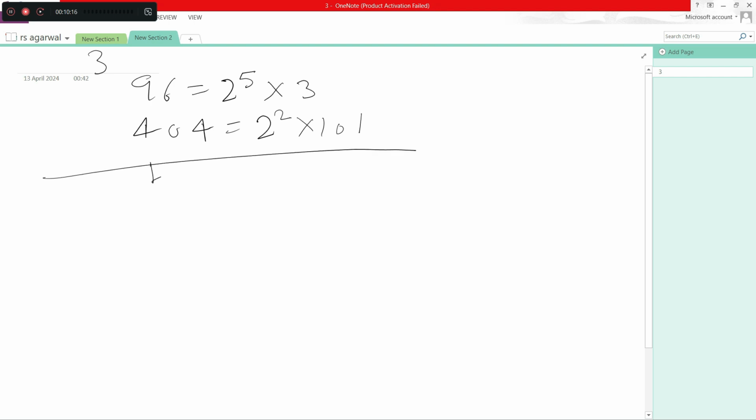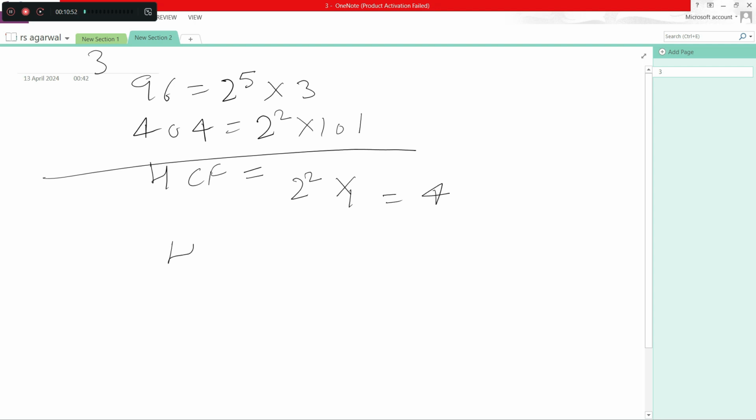So for HCF, as I said, for any prime number we have to take the lower power. In this case 96 is 2 to the power 5 into 3, and 404 is 2 square into 101. So we'll take the 2 square. After that, since 3 has exponent 1 in one number and 101 has no common factor, we will not take any of them. So the answer is 4.